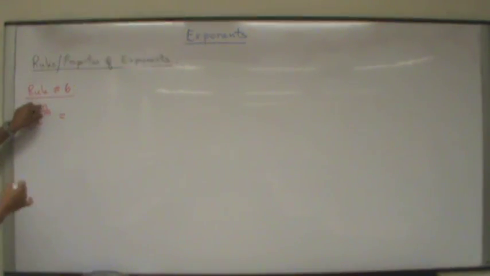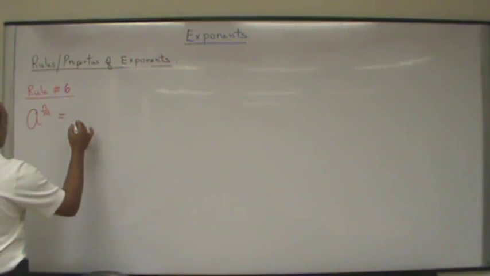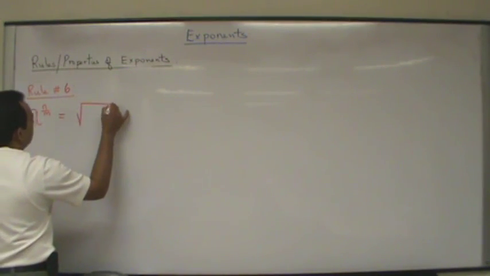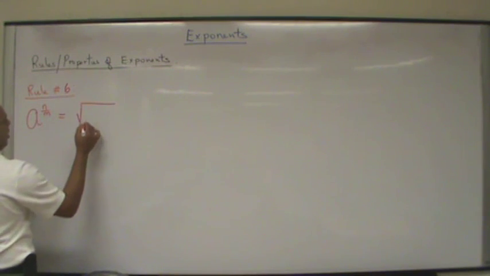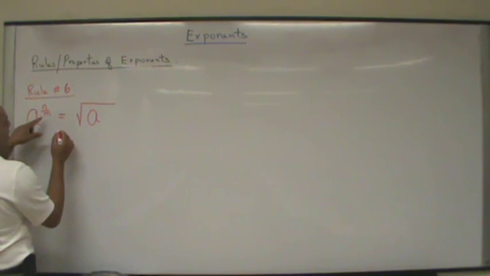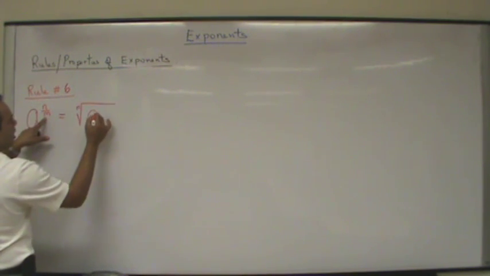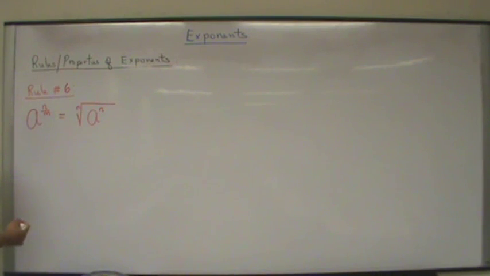Anytime we have a fractional exponent, we'll have some form of a radical, or a root sometimes, where a is the base. The denominator is the index, so it's the mth root of a to the n power.